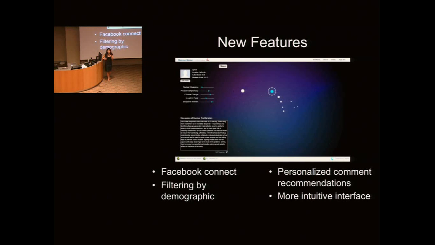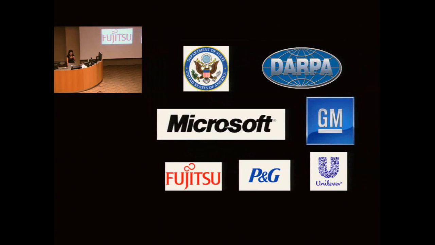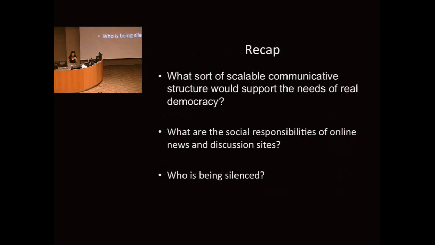And so this is interesting both from an algorithmic perspective and also from a UI perspective. We'll be publishing a paper on this shortly, which we're very excited about. And then we're working with several other organizations that have expressed interest in this technology. So these different versions of Opinion Space might be popping up very soon across the web.